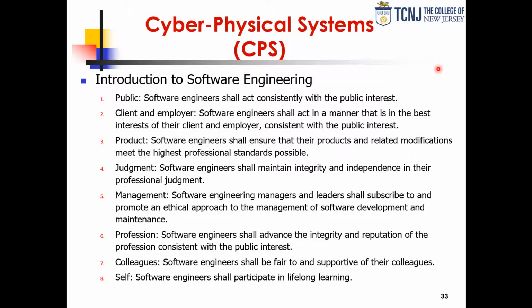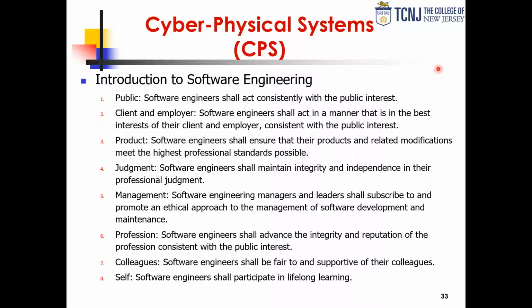So here are the 8 principles in several dimensions. First, the public. Software engineers shall act consistently with the public interest. In terms of client and employer, software engineers shall act in a manner that is in the best interest of their client and employer, consistent with the public interest, again.